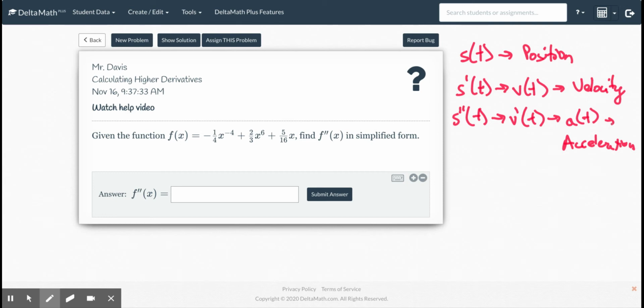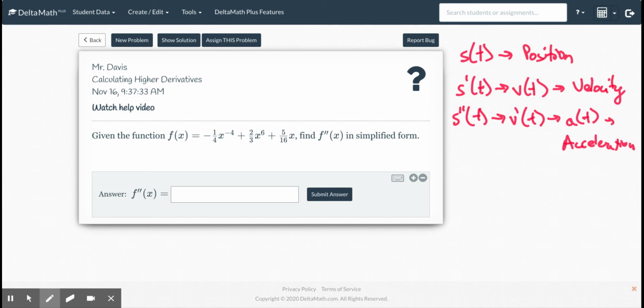Again, third derivatives aren't quite as useful, but you still need to know how to do them. And we'll look at a few different ways of representing this in terms of just notation. You'll also notice that on all of these, they're written with just negative exponents. So we're going to be using our power rules from the previous videos, and you can just leave them as negative exponents.